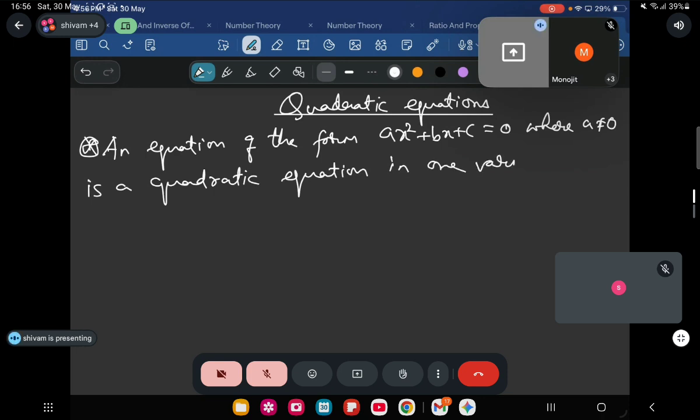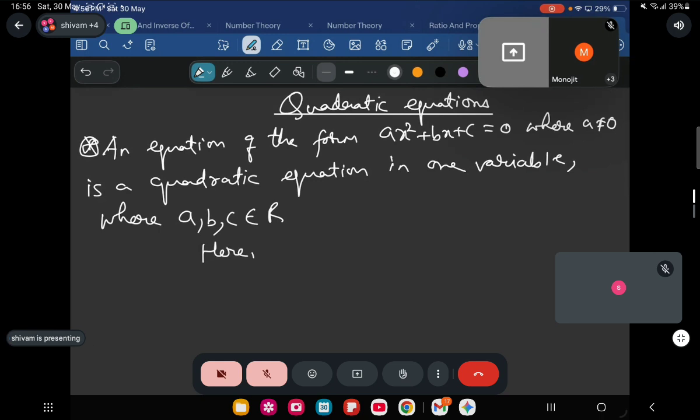Remember, a should not be equal to 0. If a is equal to 0, it will become a linear equation. Where a, b, c belong to R.